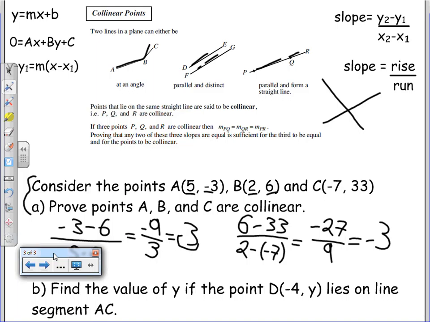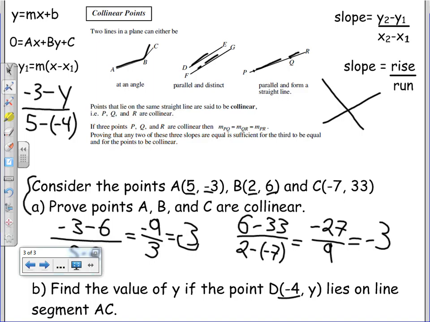So we can go from point A. We're going to do the y values first: -3 minus, what's the y value of D? We don't know, so we call it y. We divide that by the x value for A, which is 5, minus the x value for D. What's the x value for D? -4. We do know that.